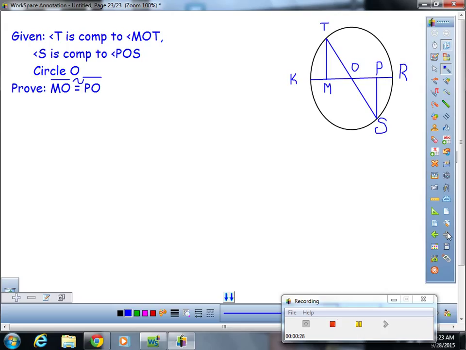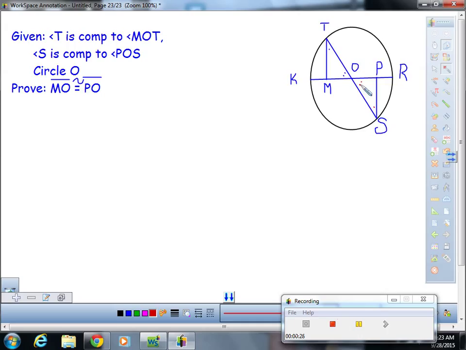All right, so let's just take one look at a tough problem. So here's our only example problem for the day. And you can see that these proofs are really starting to get real. So we are given that angle T is complementary to angle MOT. And we are given that angle S is complementary to angle POS.